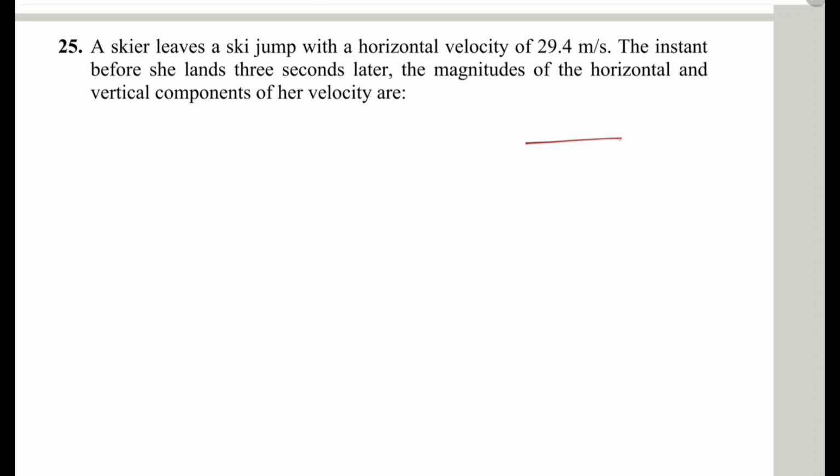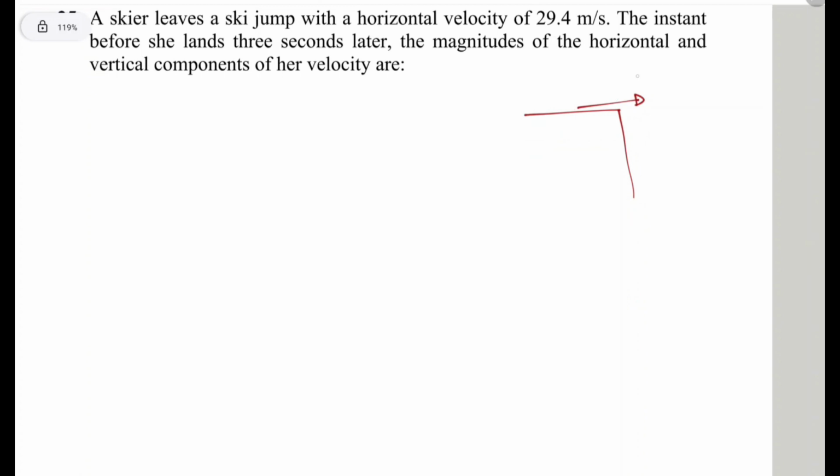This is the ramp here, and the skier leaves the track horizontally with velocity 29.4, and after 3 seconds the skier will be somewhere here in position X and Y. So what we need to calculate here is the position X and Y.